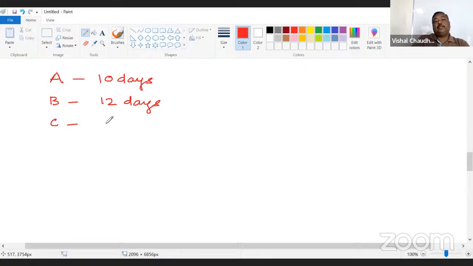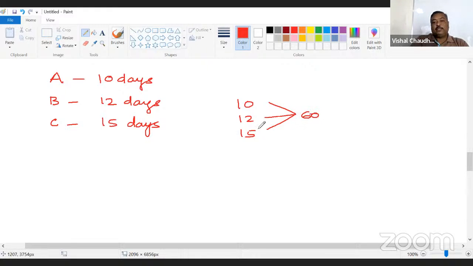And C can do it in 15 days. So what we have is 10, 12 and 15. Again, the largest number is 15. LCM will be 15 times 2 is 30, not divisible by 12. 15 times 3 is 45, neither divisible by 10 nor by 12. 15 times 4 is 60. Yes, divisible by 10 also and divisible by 12 also.